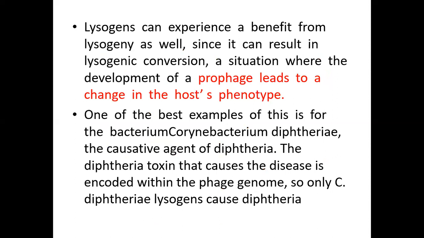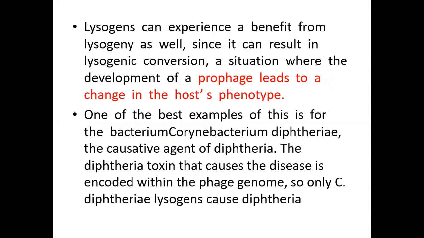Lysogens can experience a benefit from lysogeny as well, since it can result in lysogenic conversion, a situation where the development of a prophage leads to a change in the host phenotype. One of the best examples of this is Corynebacterium diphtheriae, the causative agent of diphtheria.